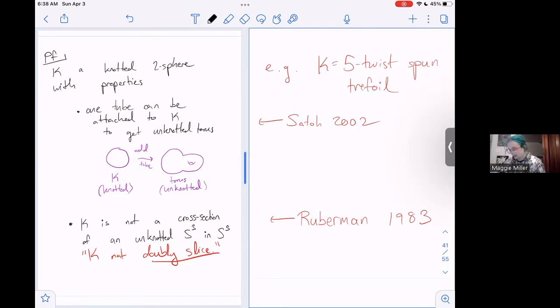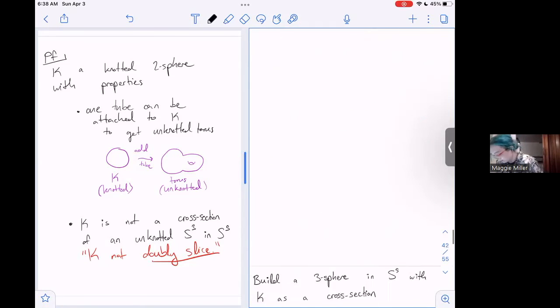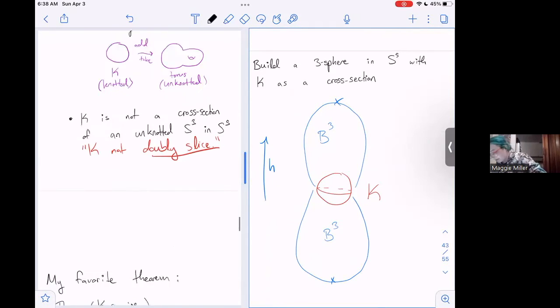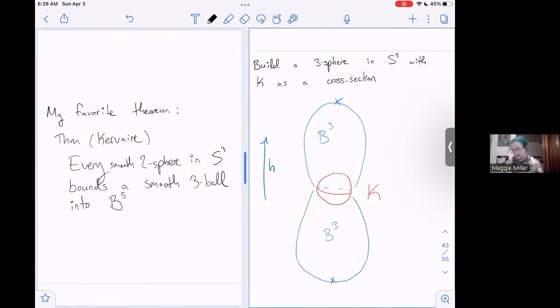Okay, and now I'm going to construct something interesting. I'm going to build a 3-sphere in S^5, where this particular knotted 2-sphere is a cross section. Here I'm using my favorite theorem in topology, this awesome theorem of Cochran that says that every smooth 2-sphere in S^4 bounds a 3-ball in B^5.